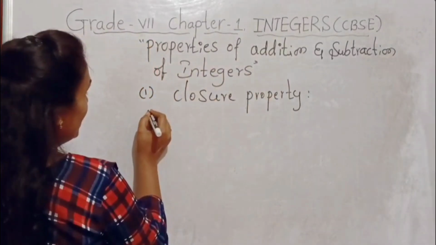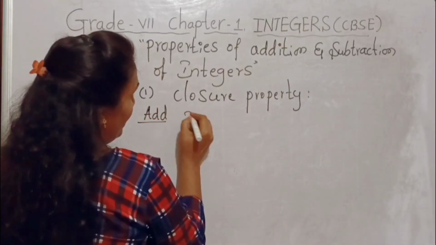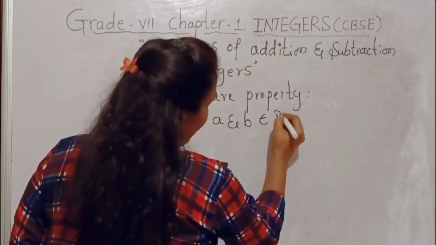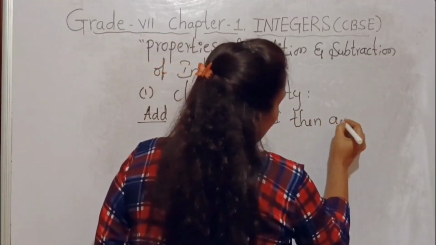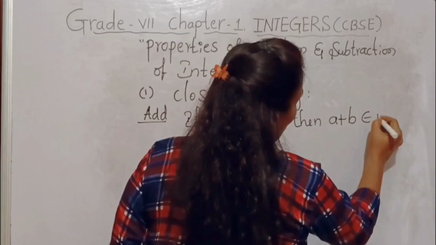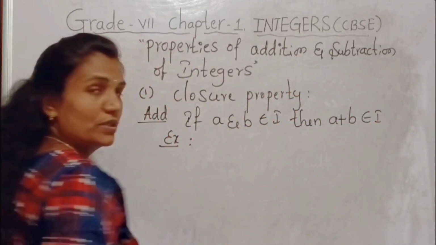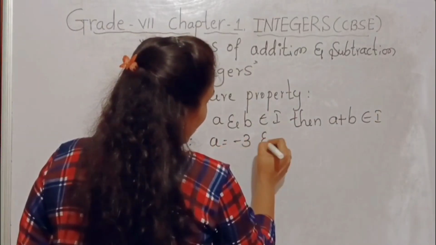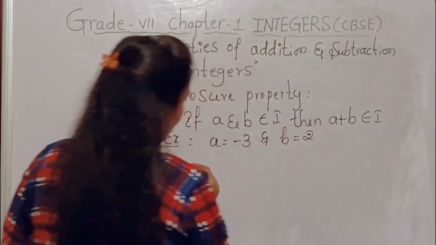I am going to first take addition. If a and b are any two integers, then a plus b is also an integer. Suppose a is minus 3 and b is 2.